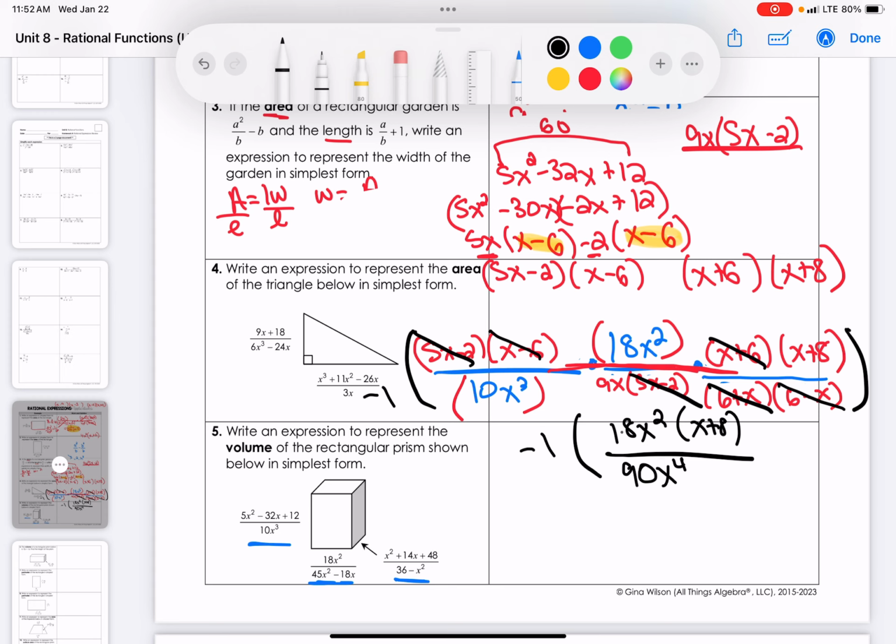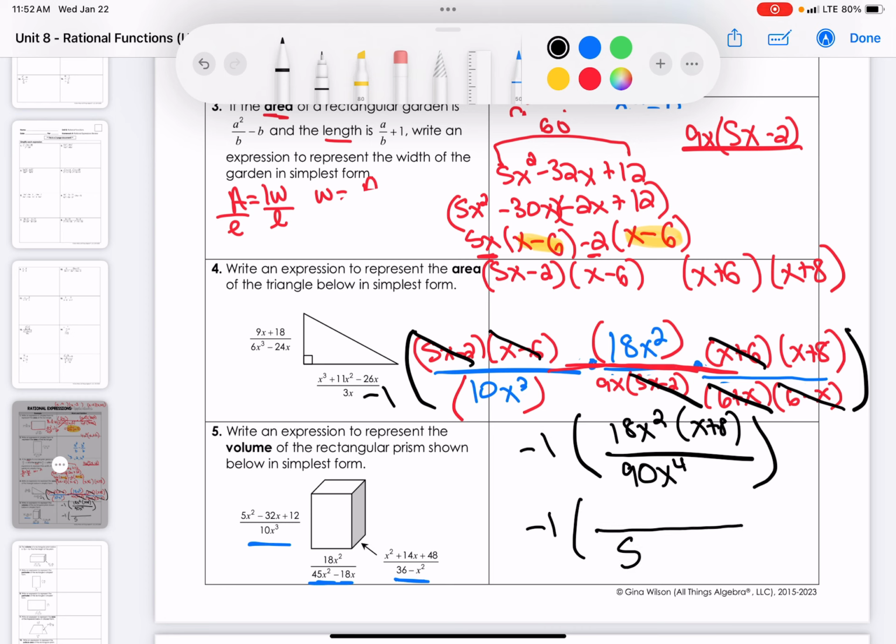And that's it, right? So now when I go to simplify this, I'm just looking at these two. So 18 over 90. What goes into both those is 18. Let's see, 90 divided by 18. Okay, so I still have this negative 1, and now I still have my fraction.